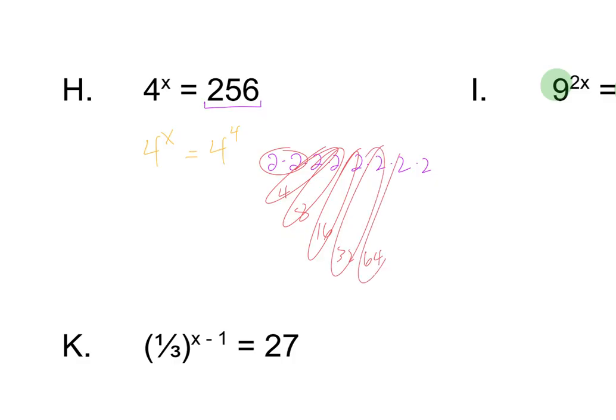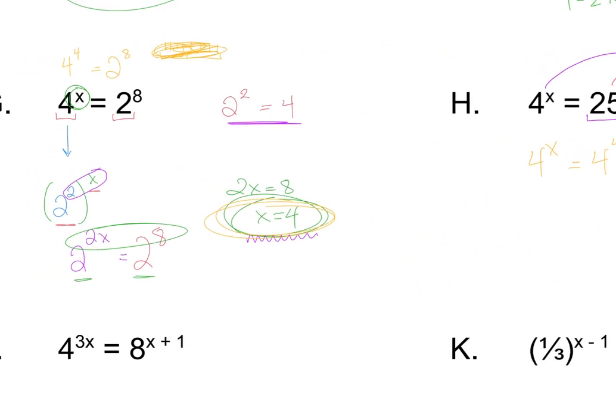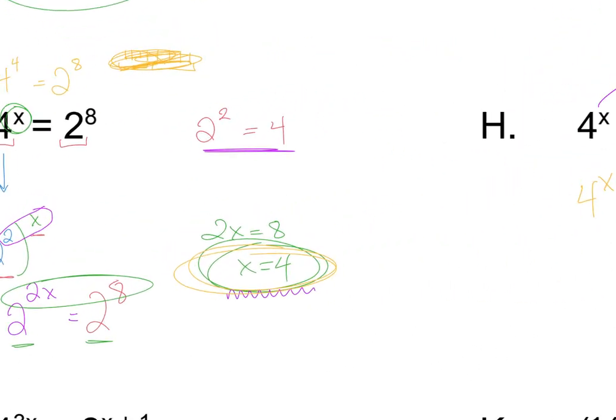Another 2 is 64. Another 2 is 128. Another 2 is 256. And look, I've used all my 2's. So in theory, we could have rewritten this as 2 to the 8th. And we could have written this as 2 squared to the x power. And we would have, just like over here, very similar, right?